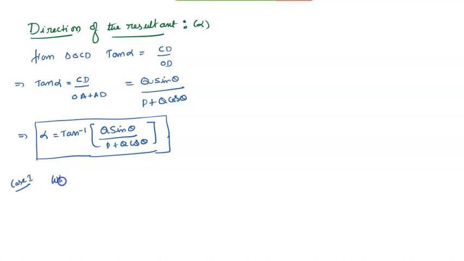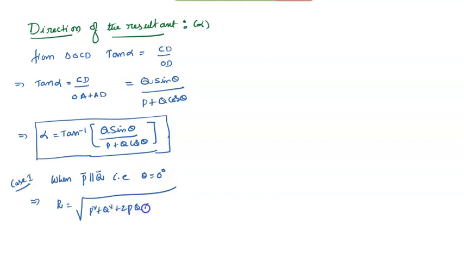Case 1: when P bar is parallel to Q bar, that is theta is equal to 0 degrees. If you substitute 0 in place of theta in the magnitude of the resultant, R is equal to root over P square plus Q square plus 2PQ cos theta.